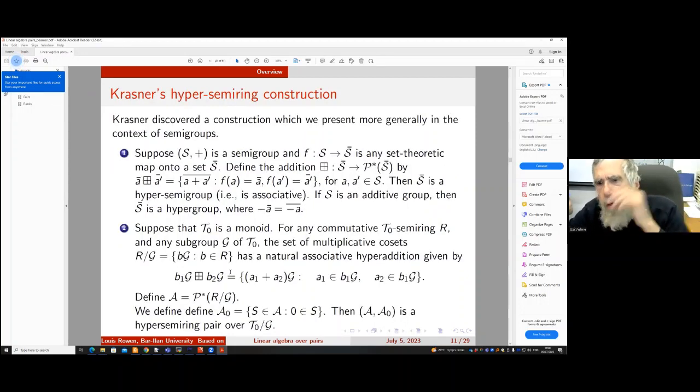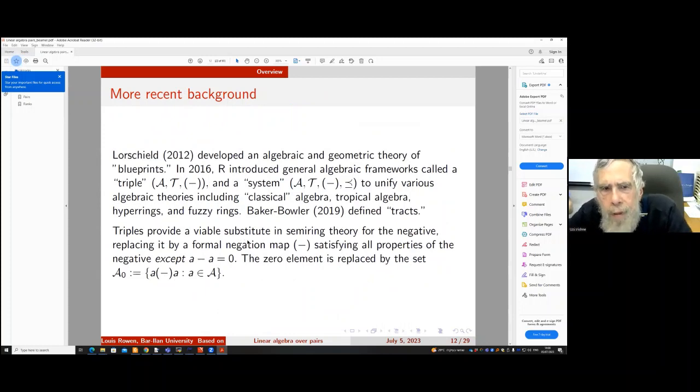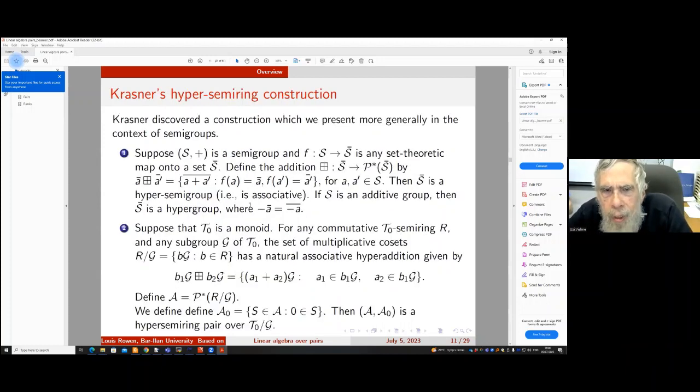And if R is a field, you have a hyperfield. And as I said, you can do this for semi-rings also. Okay, so this is a very important construction.